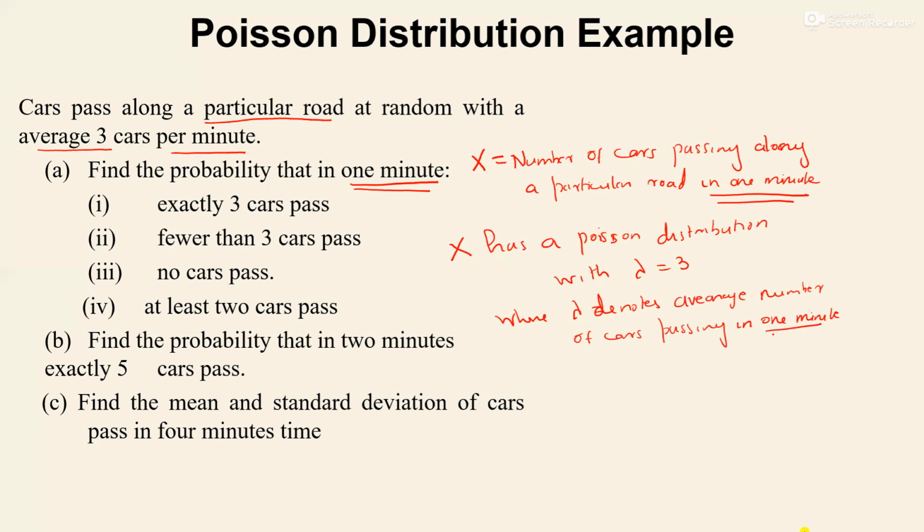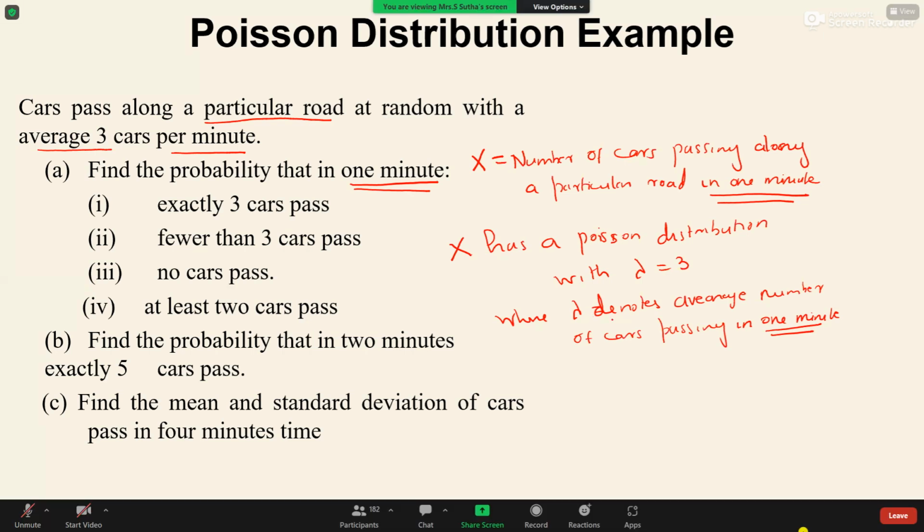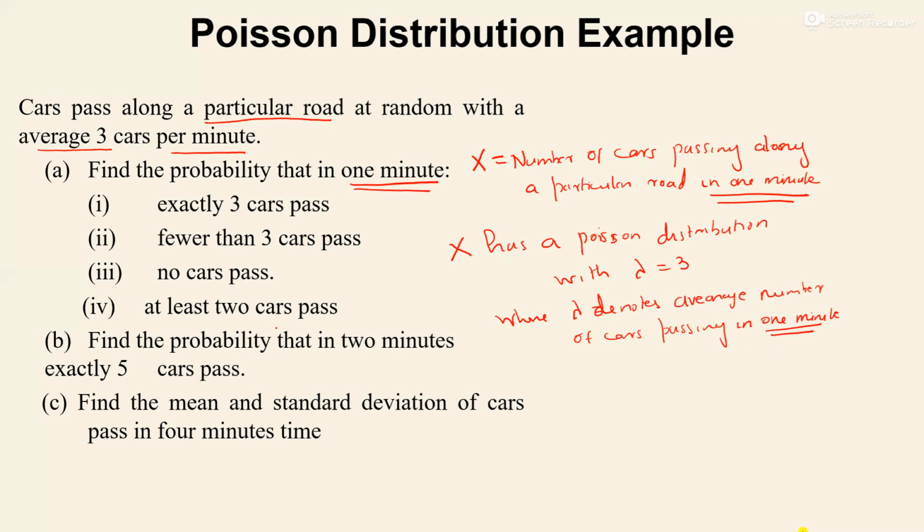In all of these, the unit should be the same, 1 minute time. So this interval should be the same in X and in defining lambda. So X has a Poisson distribution.